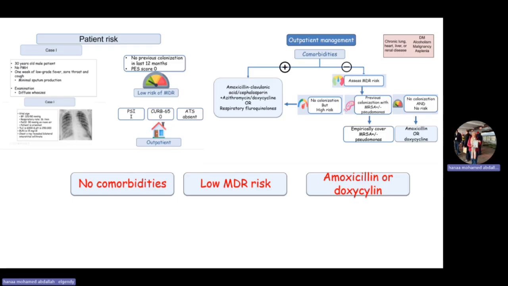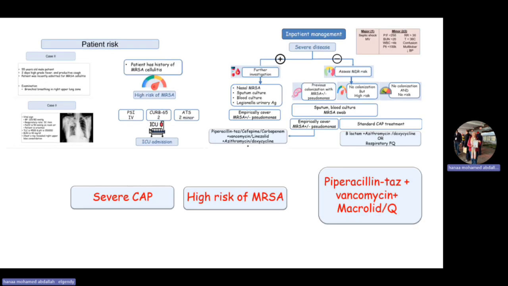Regarding the management, case one, as we said, this patient has no comorbidities, low MDR, so we can give only doxycycline or amoxicillin. The second patient has severe CAP, high risk of MRSA. We give piperacillin, tazobactam, plus vancomycin and macrolides or quinolones.